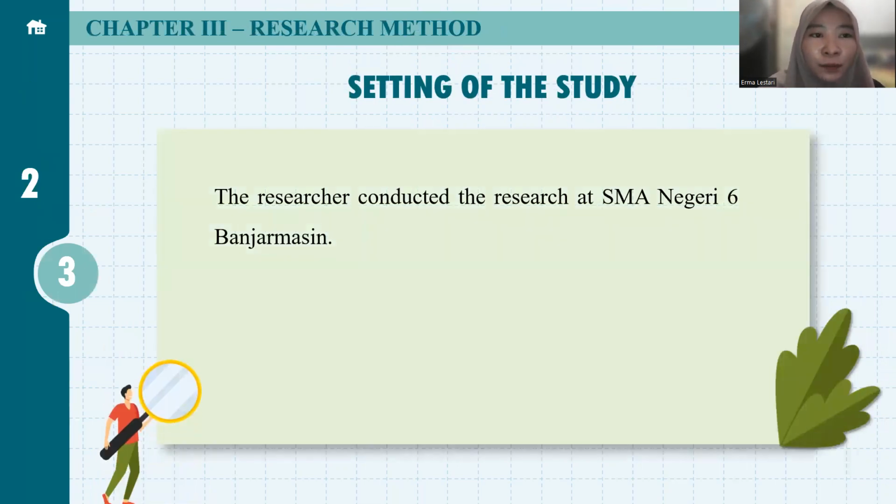Alright, so we move to Chapter 3, research method. So we have the setting of the study. The researcher conducted the research at SMA Negeri 6 Banjarmasin. The researcher chose this school because the school has a communicative teacher, so the researcher and the teacher can communicate easily.